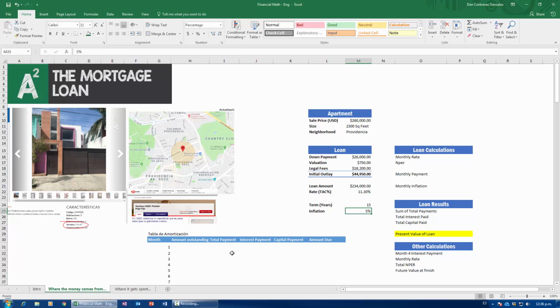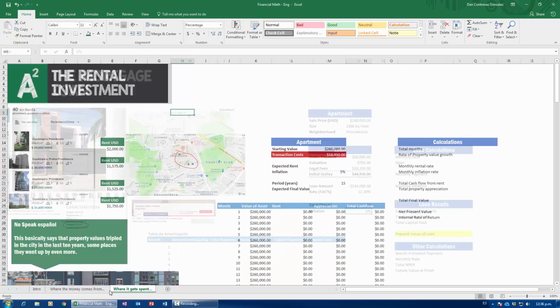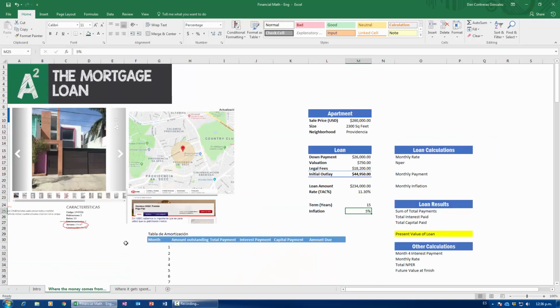And once they get the cheapest source of money available, they're trying to invest it in the highest returning asset possible. That means they're going to find whatever generates the most amount of money. If you can do this successfully, then you have triumphed as a financial analyst or as a finance person in general. All right. Now, easier said than done.